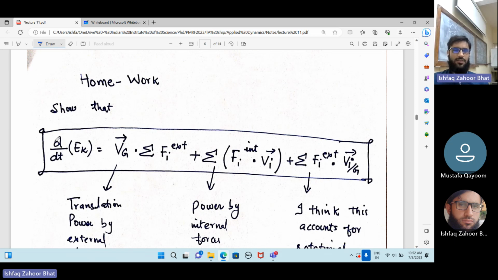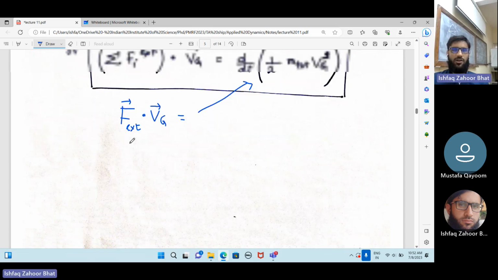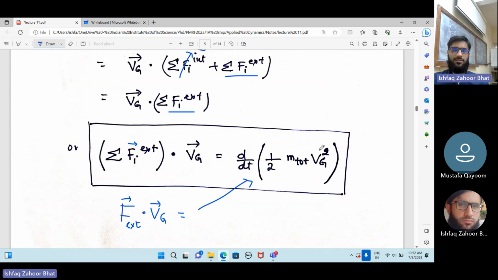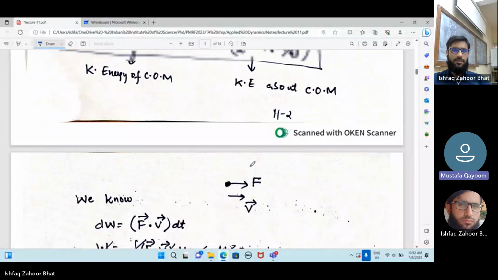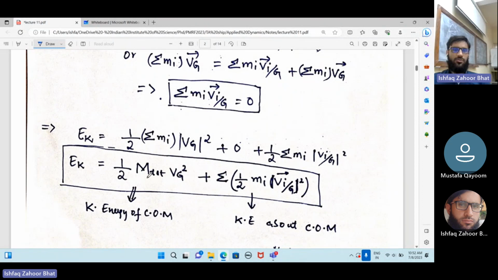Show that this is not the total kinetic energy. This is just the energy associated with the center of mass, and that is only one part of the total energy. If we go back to this expression, the total energy of the system is the energy associated with the center of mass plus the energy about the center of mass.